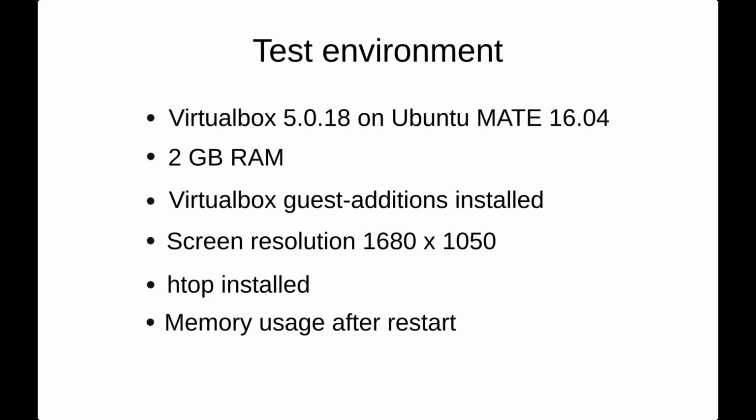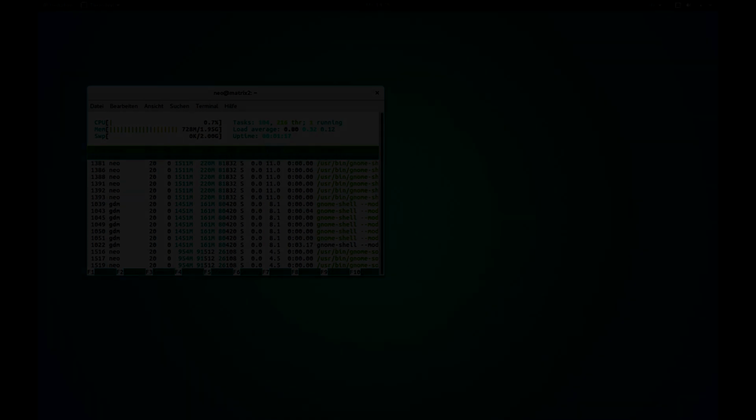After the installation of each distribution, all available updates were made. HTOP was installed and a screenshot was taken around 1 minute after the restart of each distribution. This will not reflect the behavior of a distribution on real hardware, but it makes things comparable.